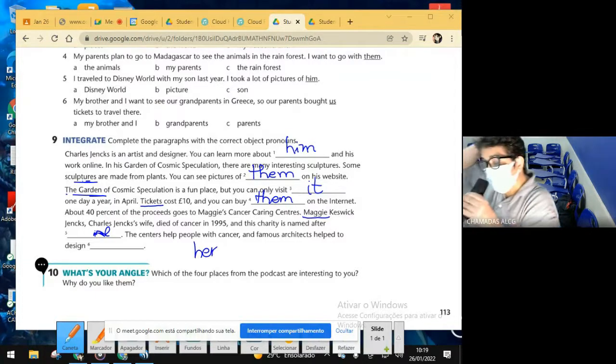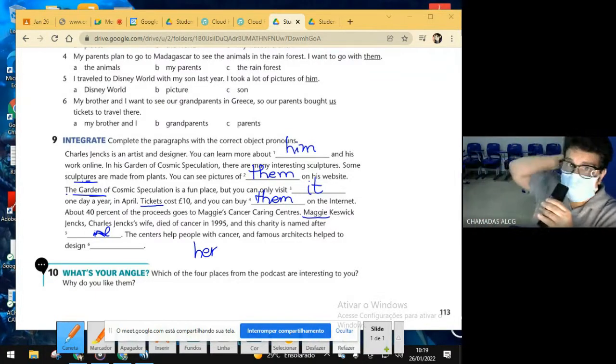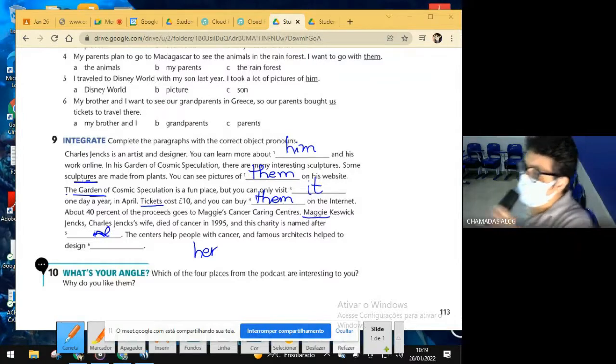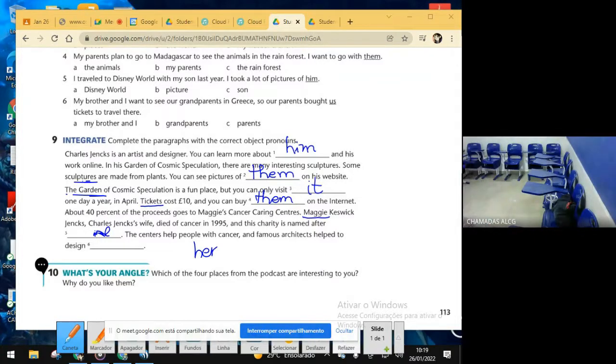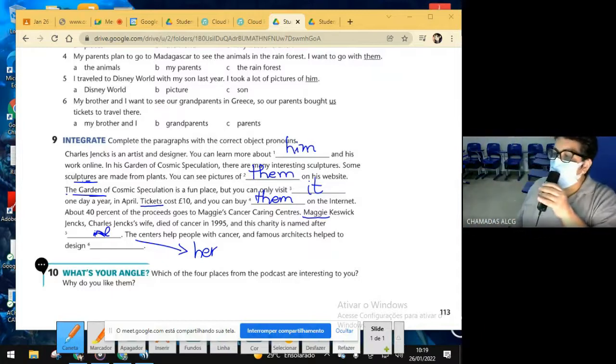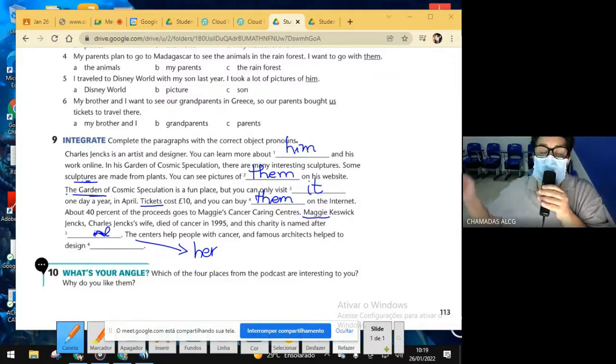So here, guys, number 5, it's her. Named after her. Because the center received her name, okay? So the charity is named after her.